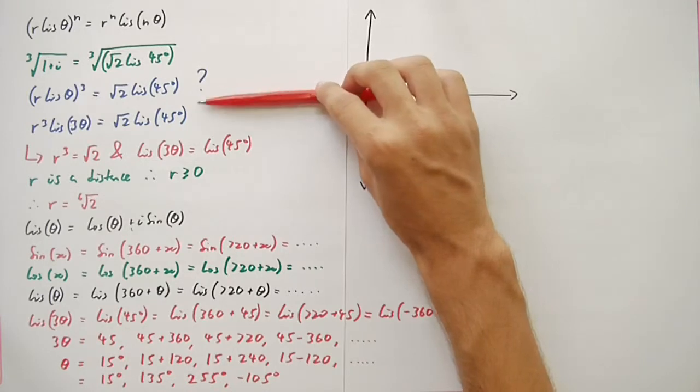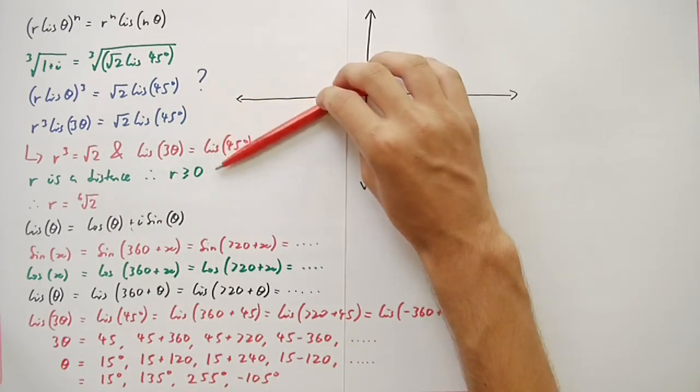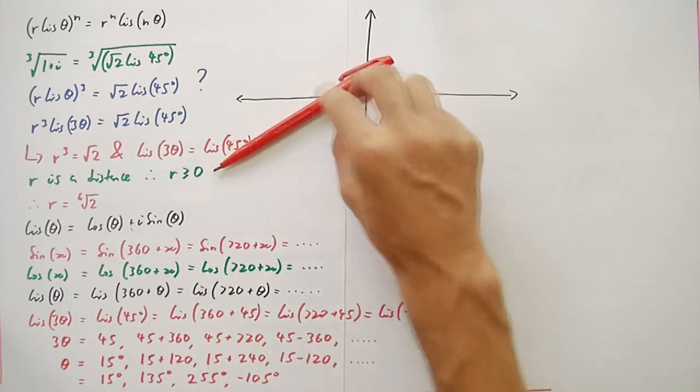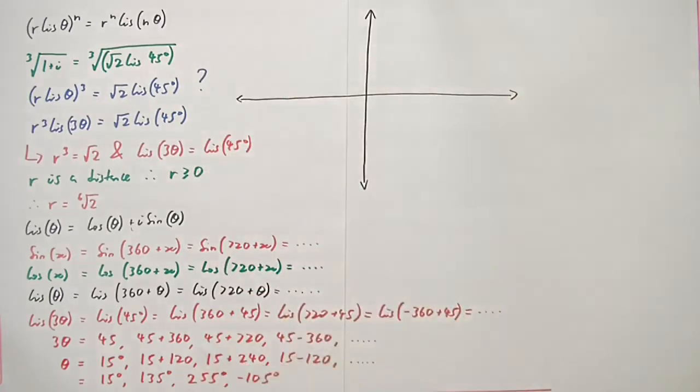However, the moment I start going past 180 degrees, the angle flips over and becomes negative down here. In fact, going forward 255 degrees is exactly the same as going backwards 105 degrees. So our 255 degree solution is actually the same as our negative 105 degree solution, which means we can just cross it out.